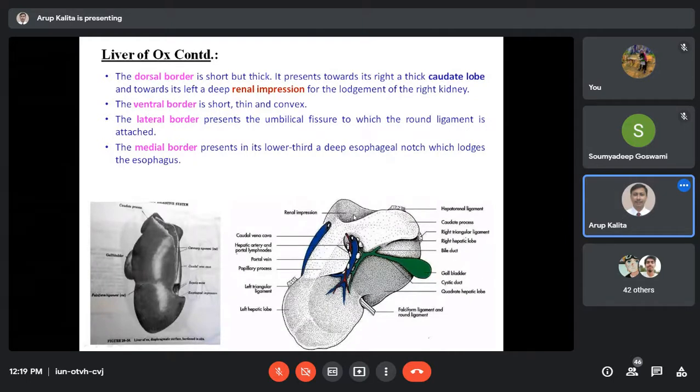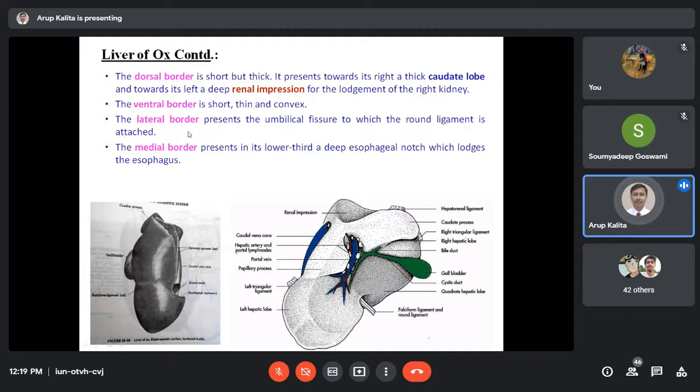Remember, the renal impression of the liver you will get on the dorsal border, which is short and thick. Now coming to the ventral border, it is short, thin and convex.